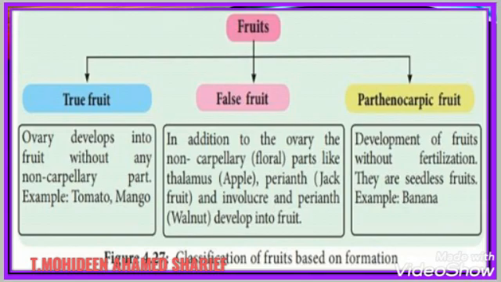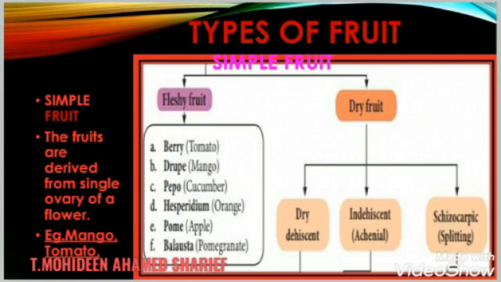Mesocarp and endocarp are undifferentiated. Example tomato, date palm, grapes and brinjal. Next one is drupe, monocarpellary, superior ovary, one-seeded. Outer skinny epicarp, fleshy and pulpy mesocarp, and hard and stony endocarp, mango and coconut. Hypanthodium, so likewise it has been given for hesperidium and all.